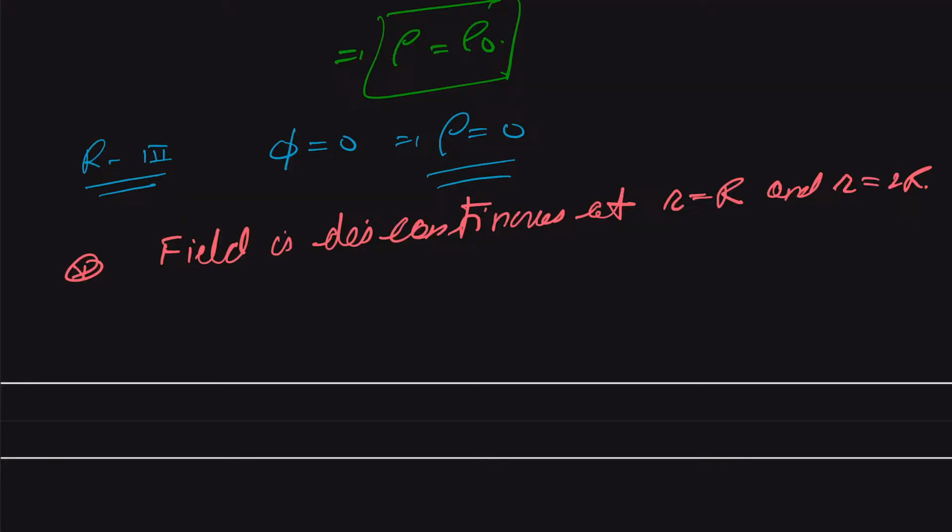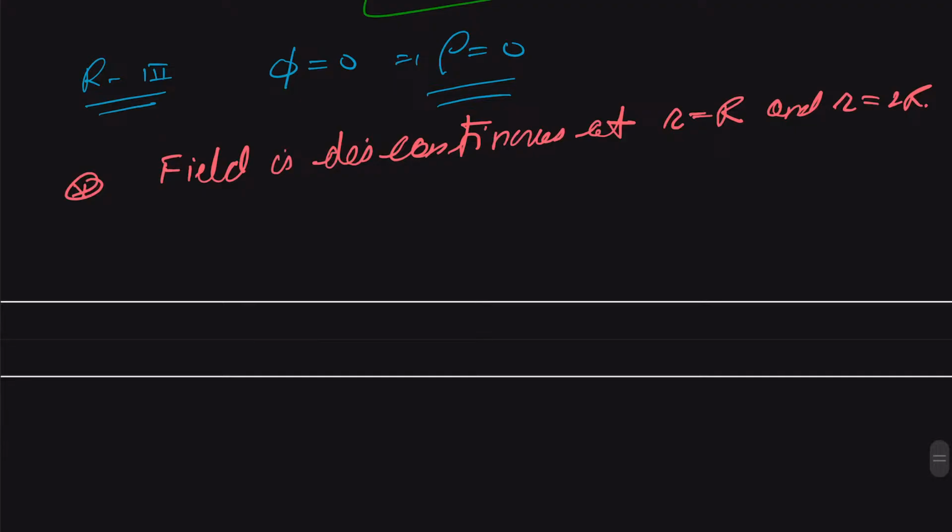Okay. And once again we have to take care of the boundary condition. Because of this discontinuity, we can from here say that the surface charges are present. This is almost the same as our previous question. There also we dealt with this discontinuity. So surface charges are present.